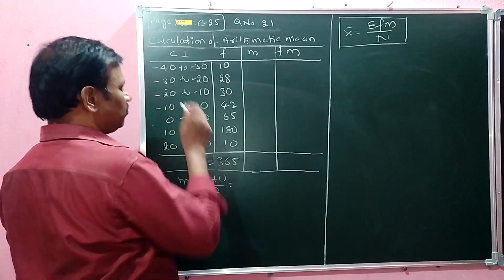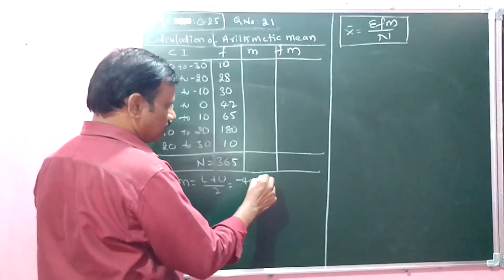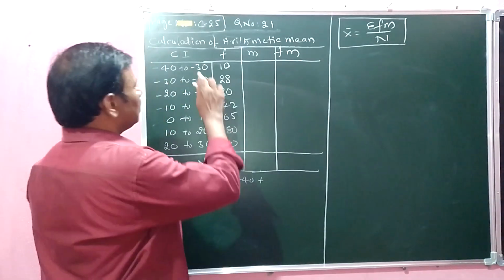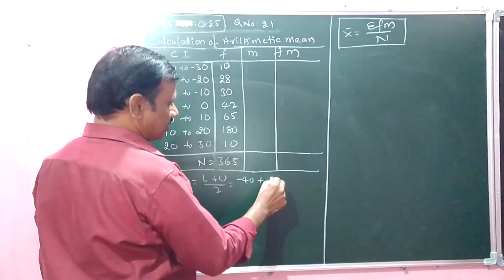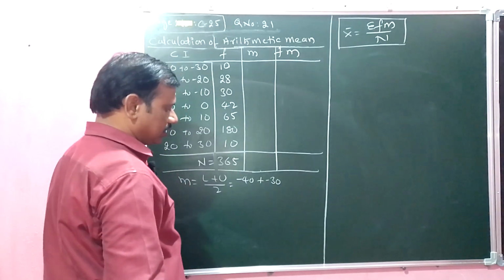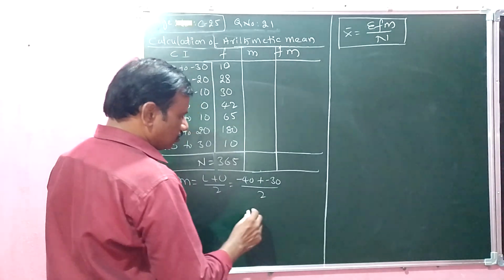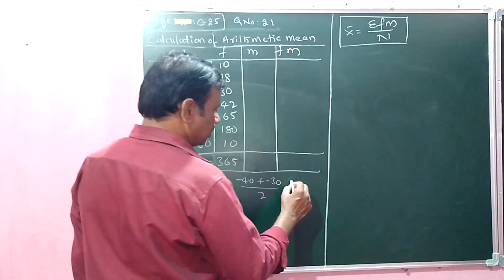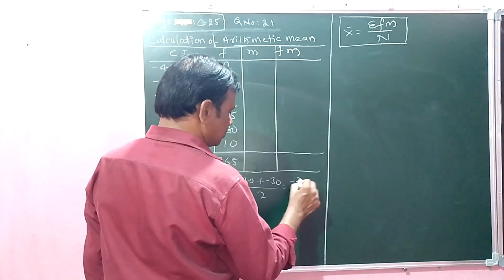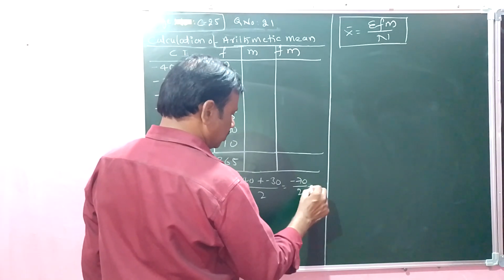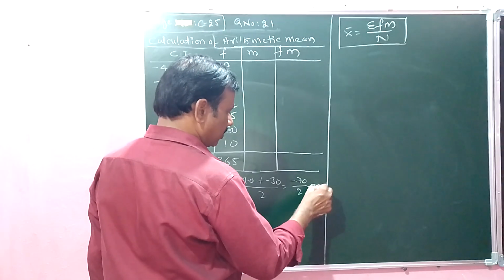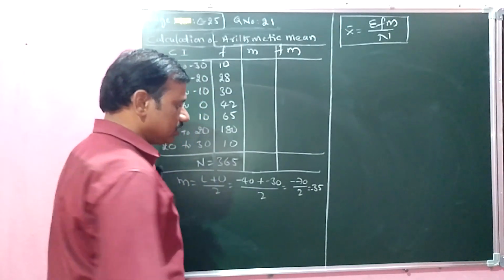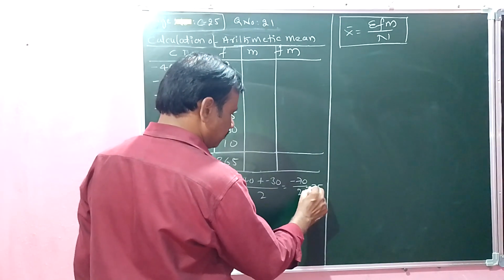So here lower limit value is minus 40 plus upper limit value is minus 30, divided by 2. Both minus means add two numbers. So that is minus 70 divided by 2, that value is minus 35. Okay.